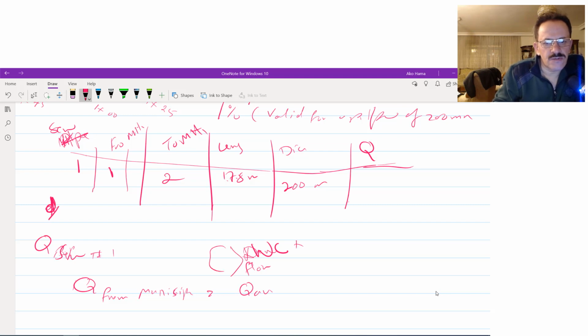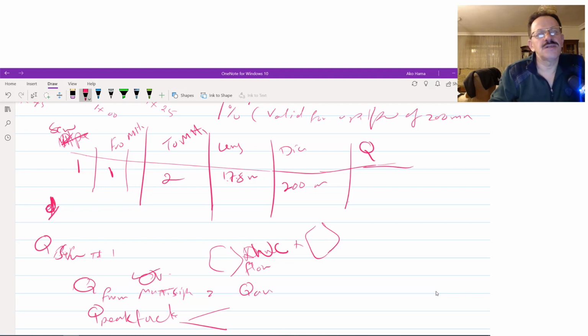We have an equation for this, and we will find how much the flow is. This is the average, and we have to find the peak factor. For the peak factor, we have two options, as given to you from the calculations in the literature review that we have. I think it's in chapter 5.